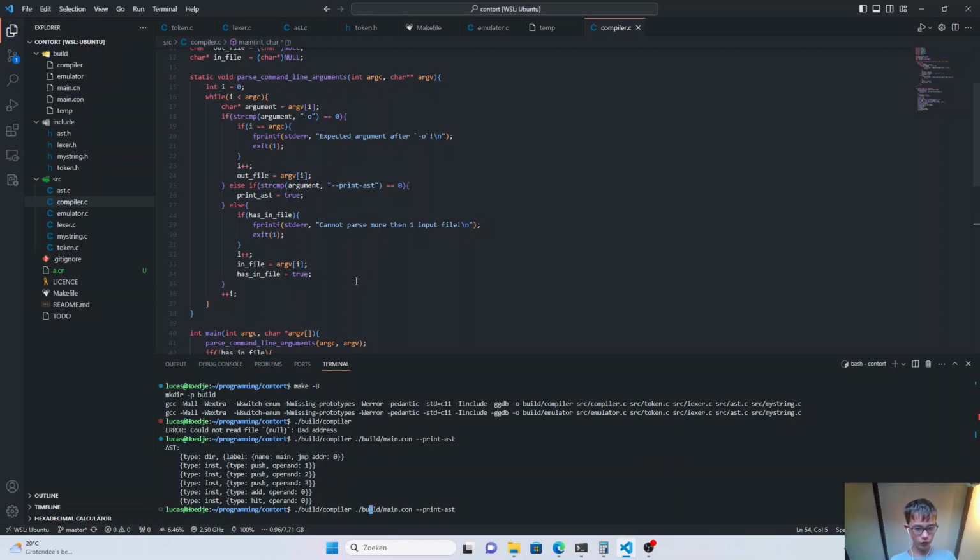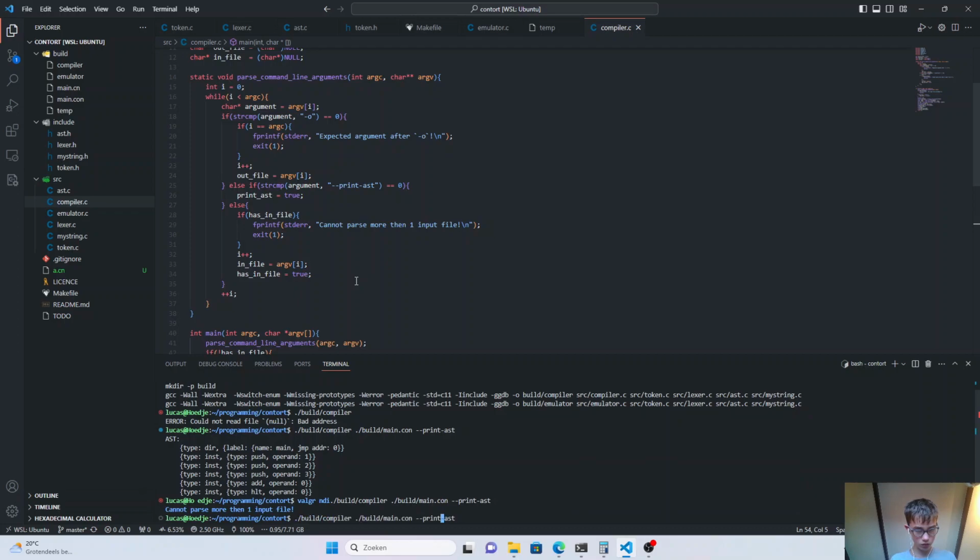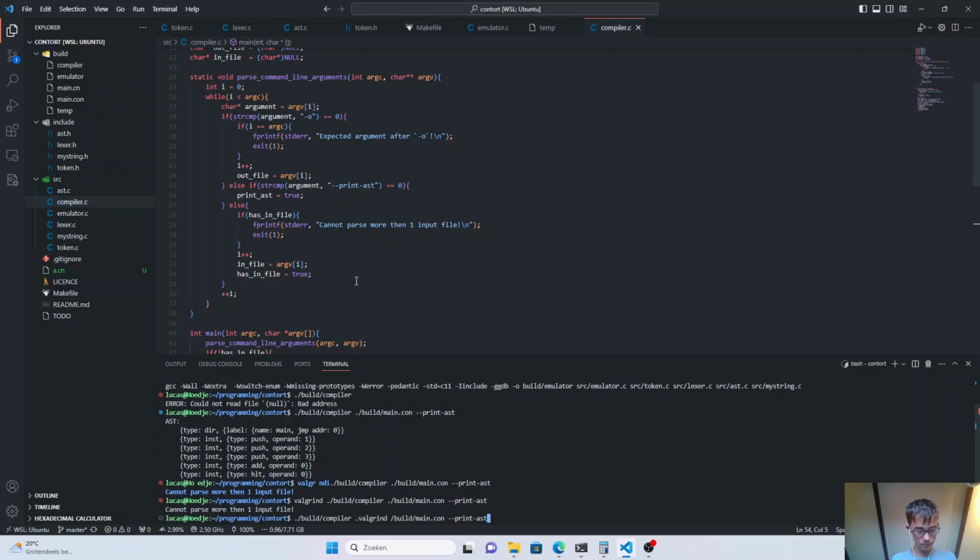If you just look at the Valgrind output of it, this is the problem that I'm experiencing. Well, of course that's not going to work.